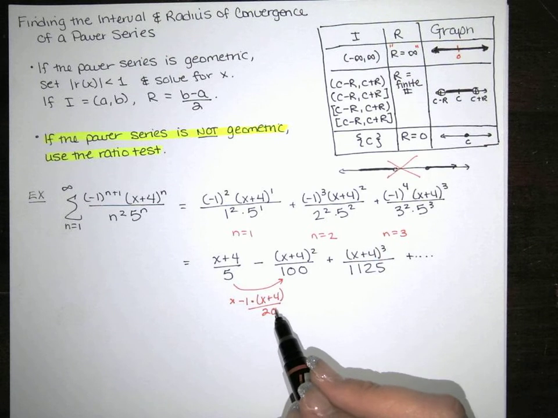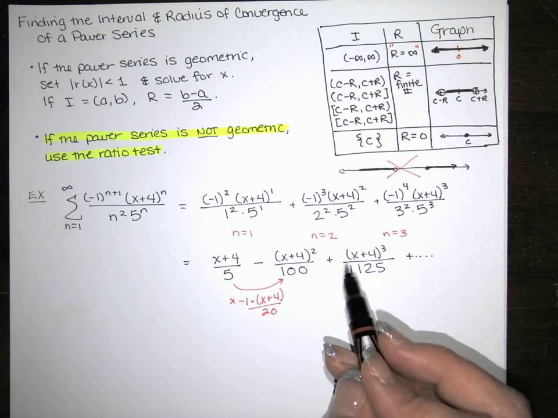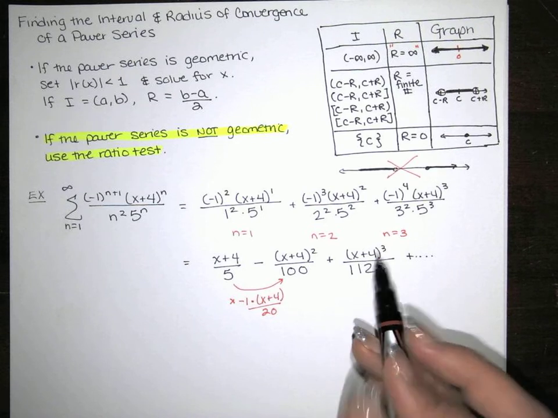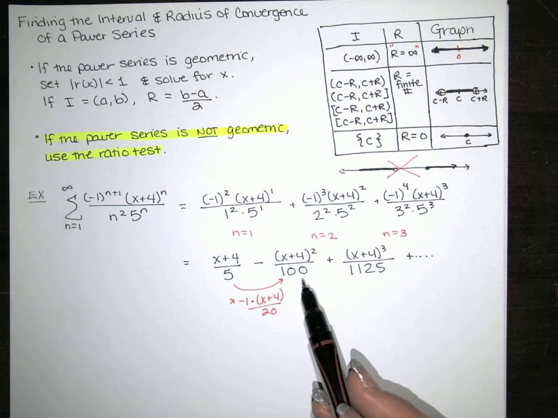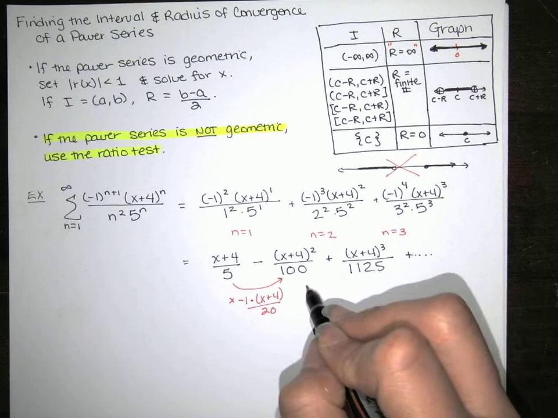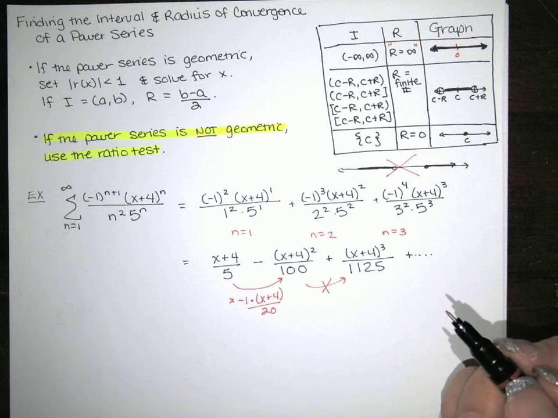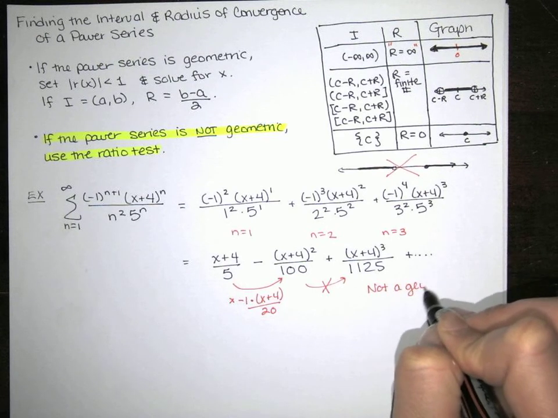If I multiply this expression by a negative x plus 4, that would give me the right numerator, over 20 is 100 times 20, 1,125. It's not. So this is not geometric. It's not the right thing. So this is not a geometric power series.